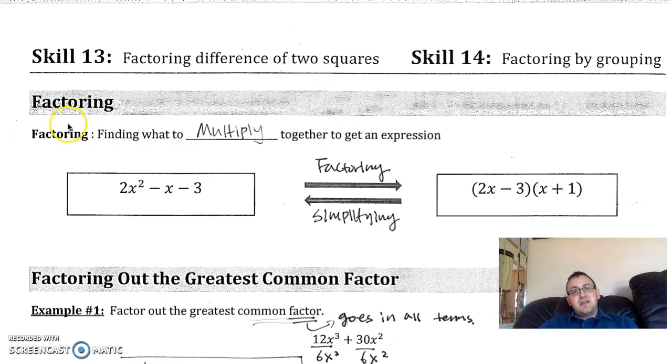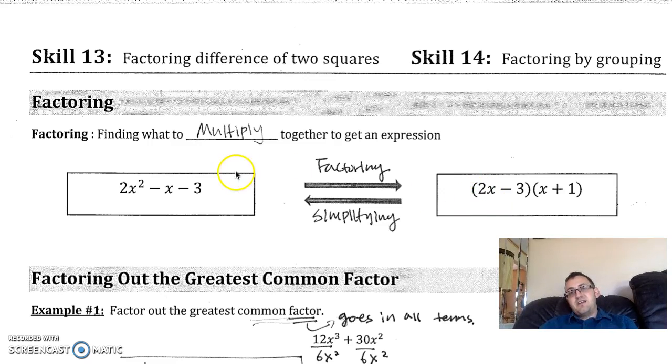All right, so the idea of factoring, just to recap, is that we want to go from a standard form to a factored form so that we can more easily find what the zeros are.